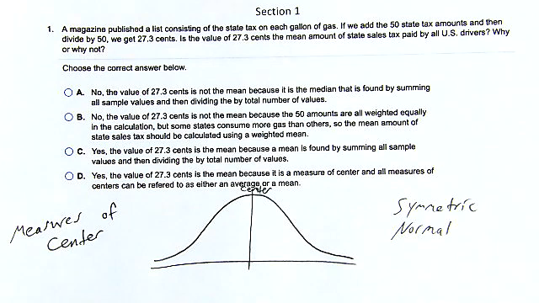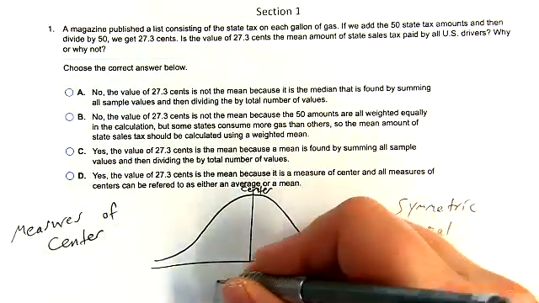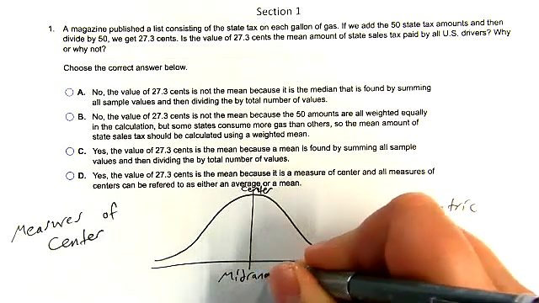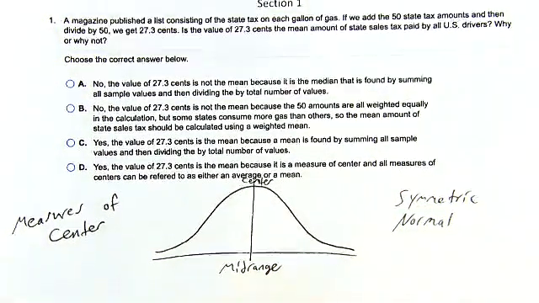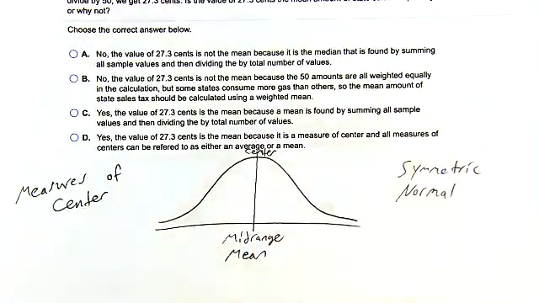Okay, there's 5 different methods to calculate this center. So we will look at mid-range. We'll look at mean, which you probably heard called average.